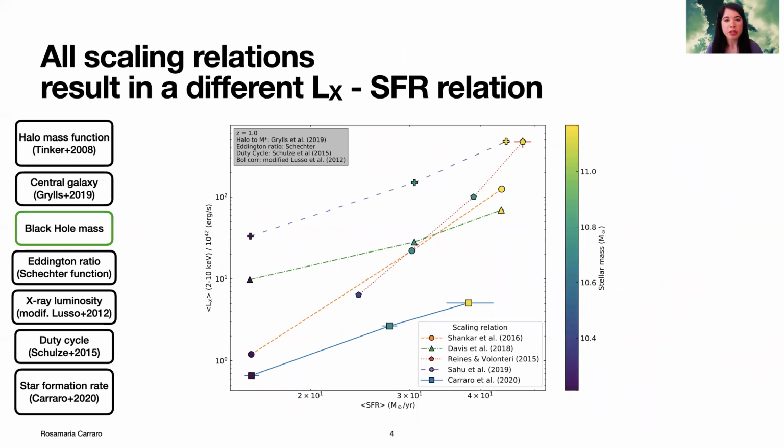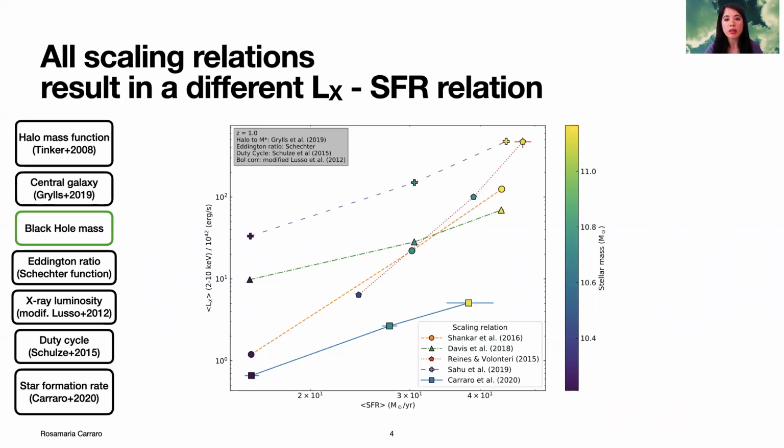Here we have the average X-ray luminosity against the average star formation rate of our simulated galaxy samples, and we also show our observational results. The data points are color-coded by stellar mass, and we simulated galaxy catalogs for different scaling relations from the literature.